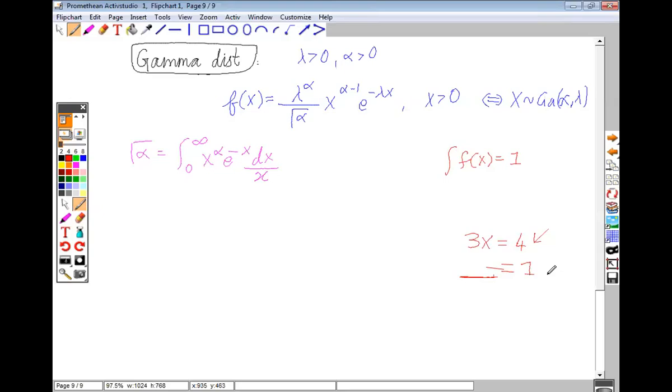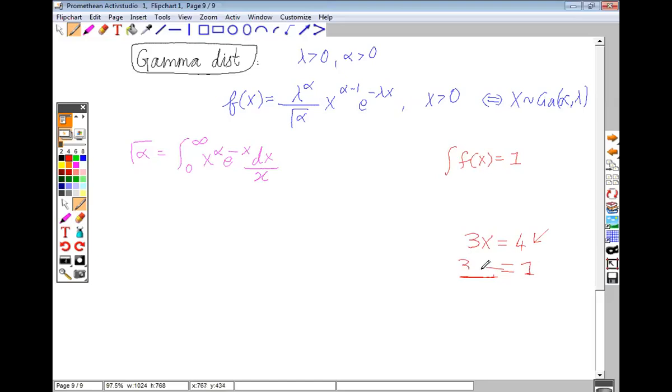X should be the inverse of 3, so 1 by 3. Divide LHS also by 4. Yeah, Vaibhav, you're on the right track. If I want 1 here, I have to divide both RHS and LHS by 4.